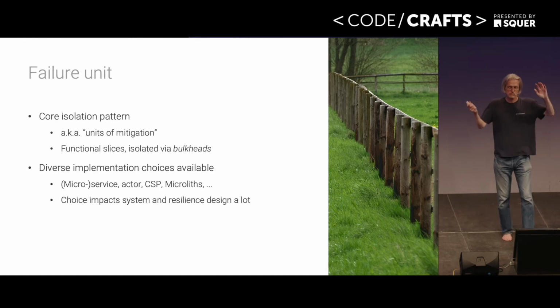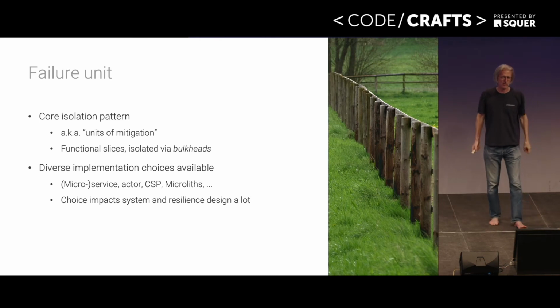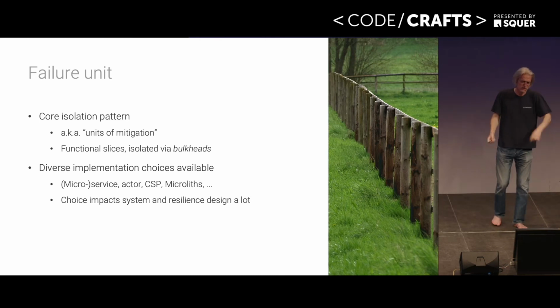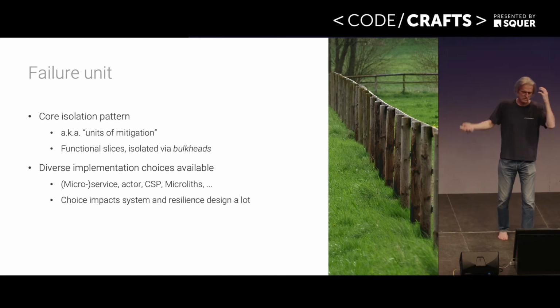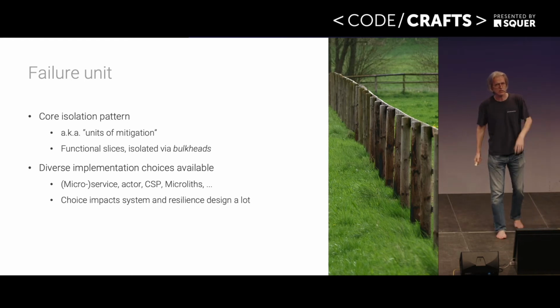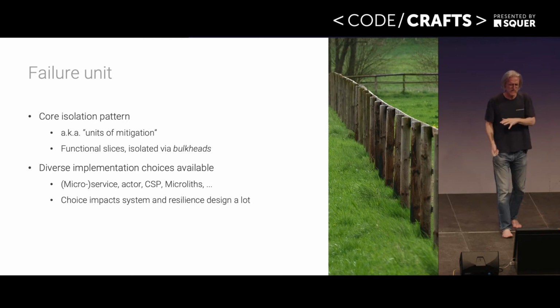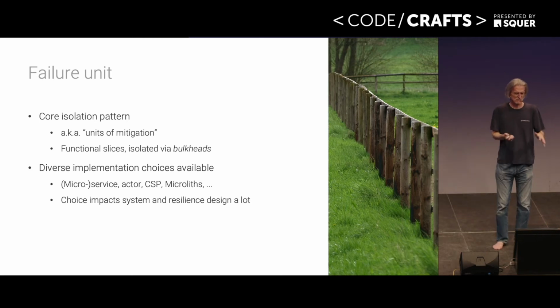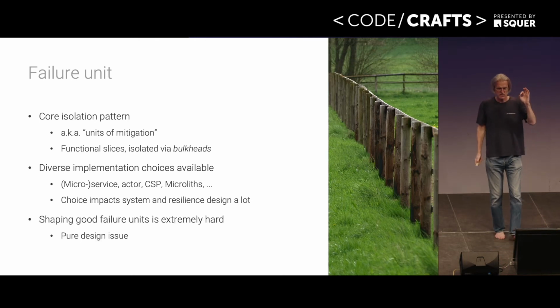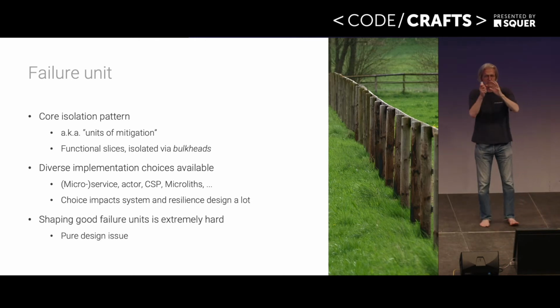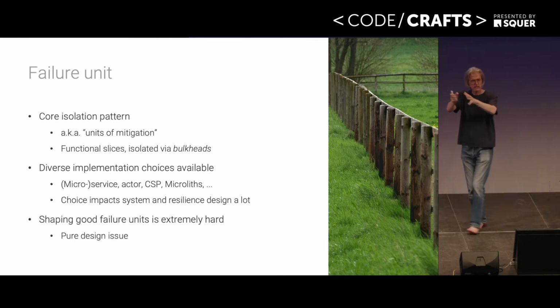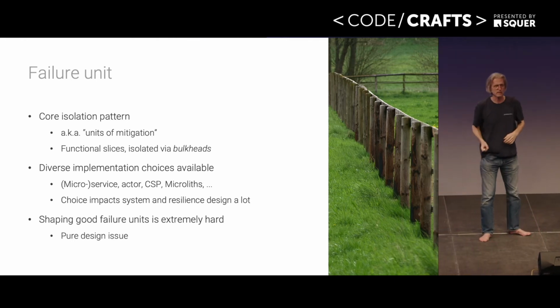And on the technical level, we have some choices how we create these failure units. It can be a microservice, it can be actors, it can be coroutines, whatever. And these impact a bit how you will do the rest of it, but the core part is: what functionality do you put in which of your failure units?